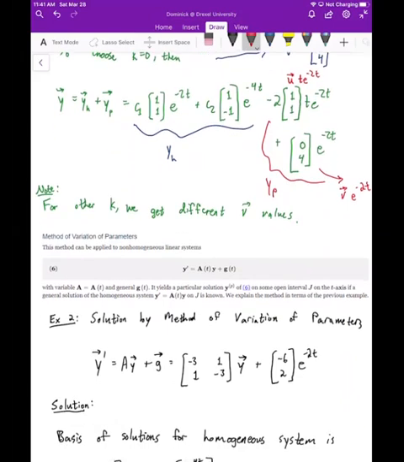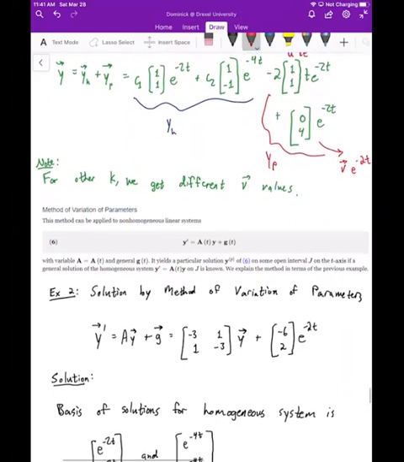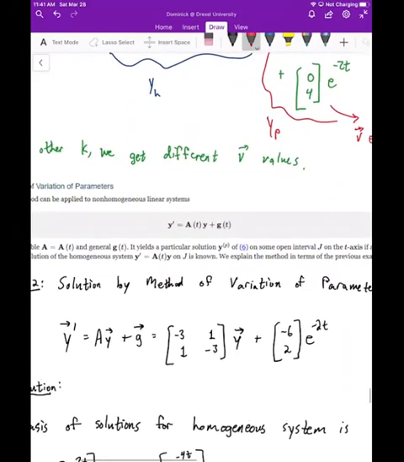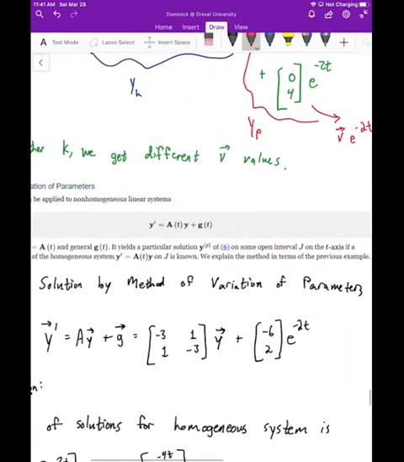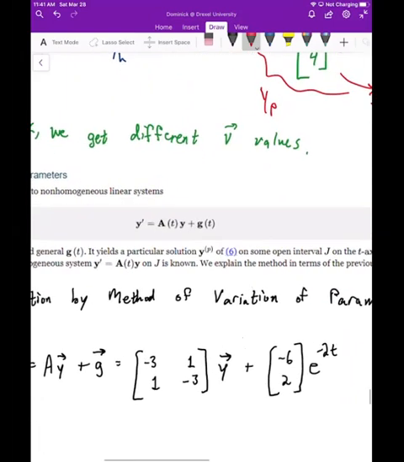And now we're going to look at the method of variation of parameters and how that is different for a system of ODEs, right? So of course, the method of variation of parameters is a little bit more difficult than undetermined coefficients, but this allows us to solve more general systems, right?